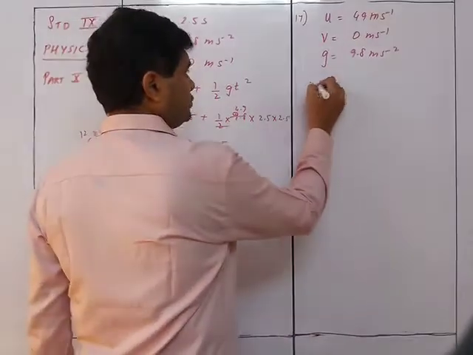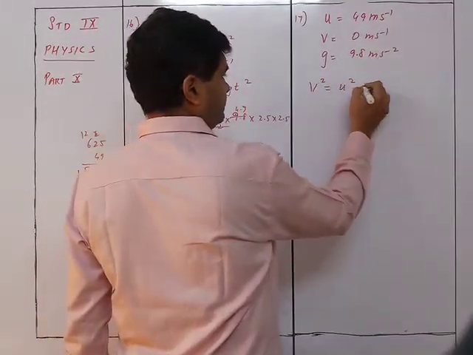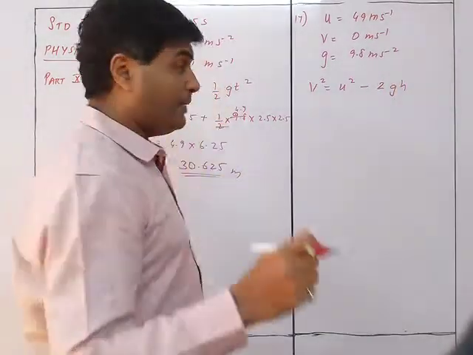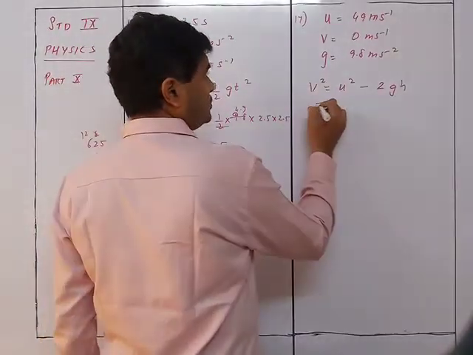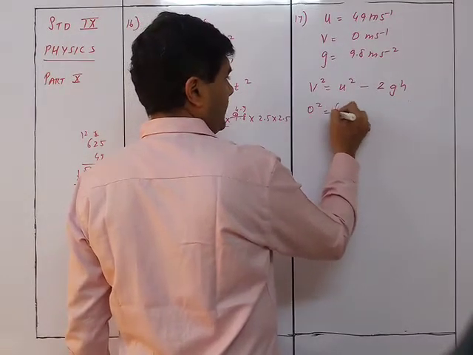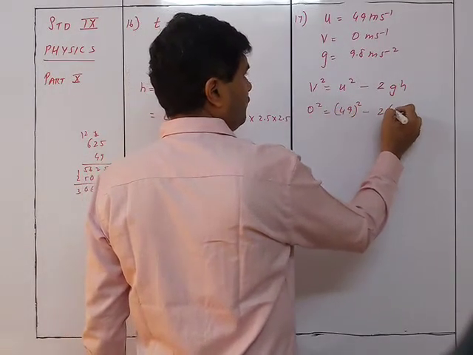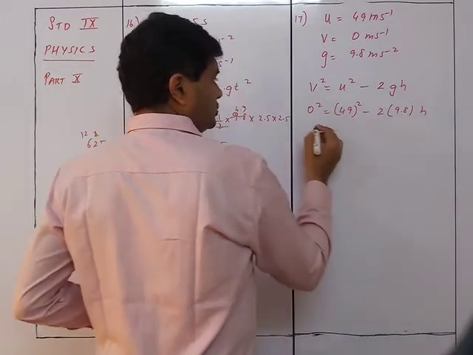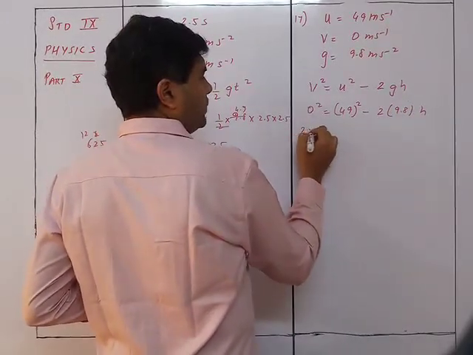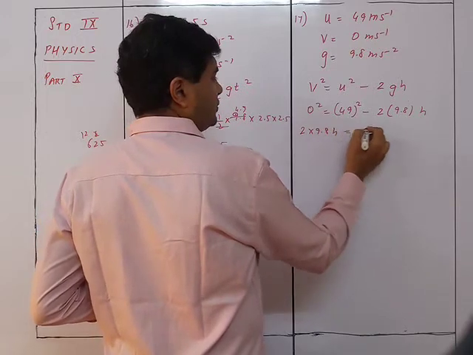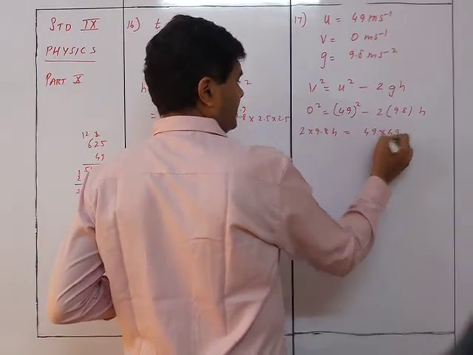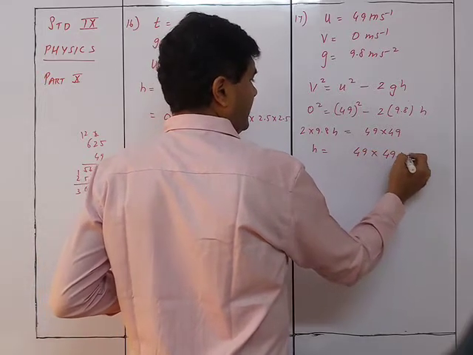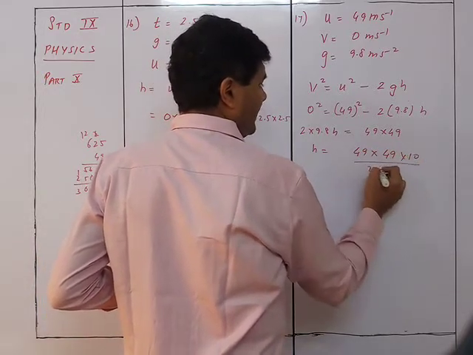So we have v square is equal to u square minus 2gh because it's thrown vertically upwards. So 0 square is equal to 49 square minus 2 into 9.8 into h. So 2 into 9.8 h is equal to 49 into 49. So h is equal to 49 into 49 into 10 upon 2 into 98.